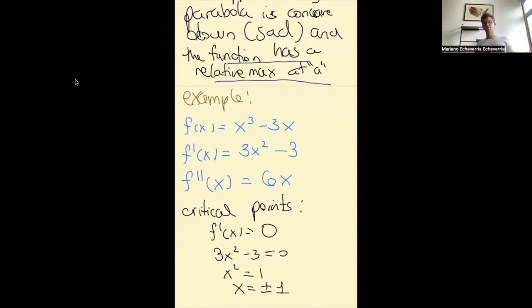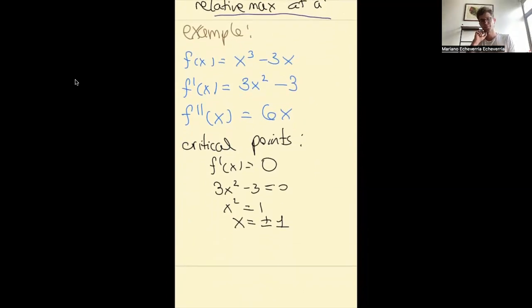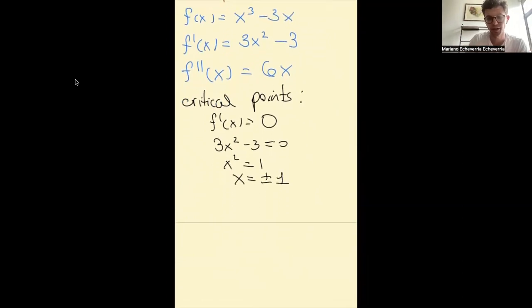There were two critical points that we had found. So what's the second derivative at 1? It's just 6 times 1, which is 6. That's positive, right? So if it's positive, it's concave up, right? It's a positive emoji. You're feeling happy.